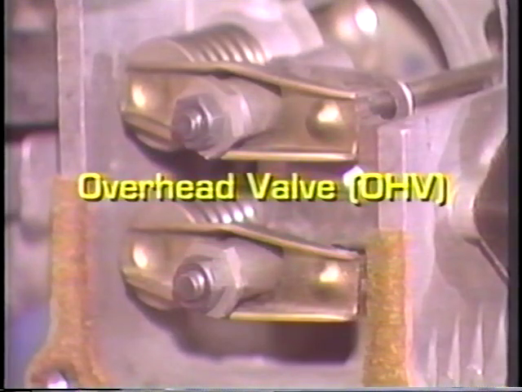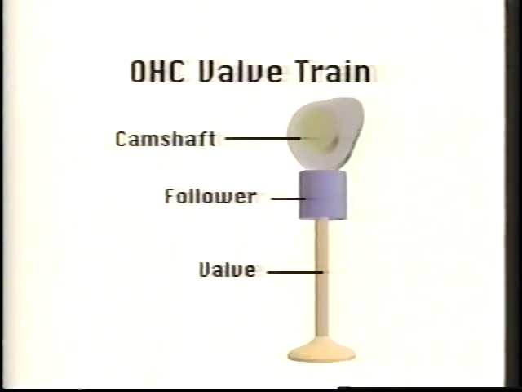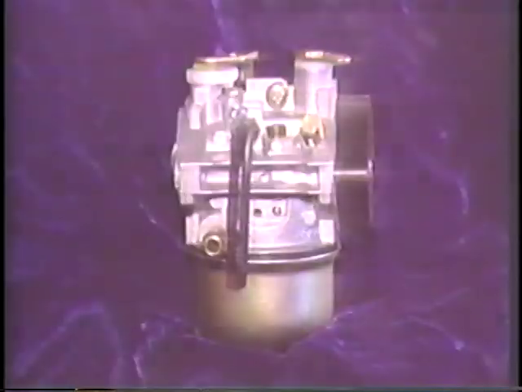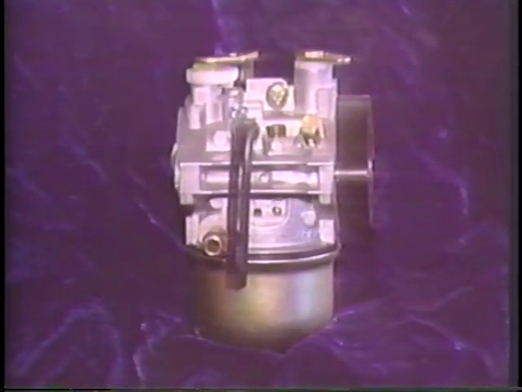This configuration is also termed overhead valve. This design improves engine power and efficiency because the intake and exhaust ports can be designed for better engine breathing. High-performance motorcycle engines are often overhead camshaft designs with the cams and valves in the head for less valve train weight and higher RPM capability.